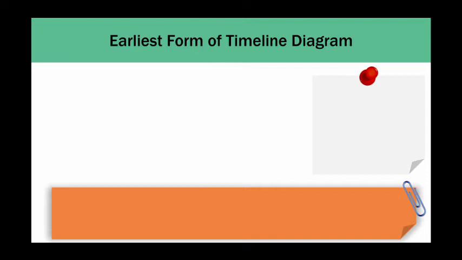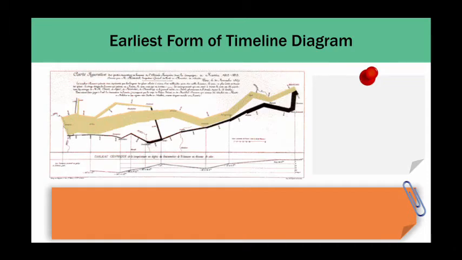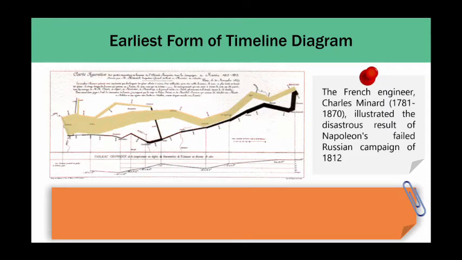Next, another earliest form of timeline diagram is like this. The French engineer Charles Minard illustrates the disastrous result of Napoleon's failed Russian campaign of 1812.